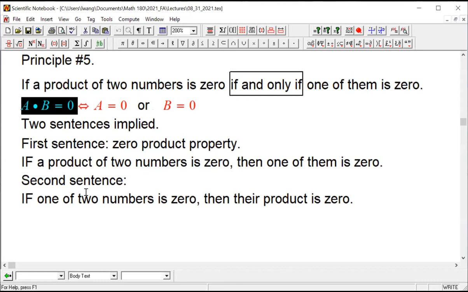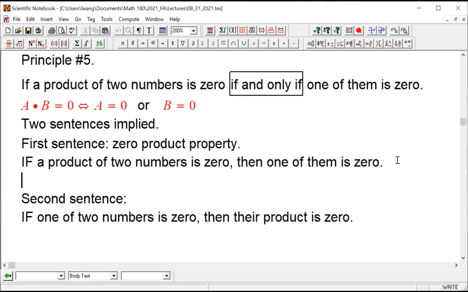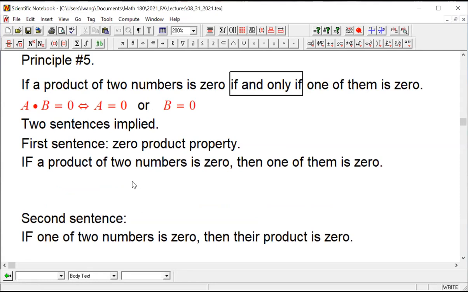All right, now we have used this a lot. For example, we have an A times B equals 0 case, right? You might have, say, x minus 2 multiplied by x plus 5. Do you know what to do next?